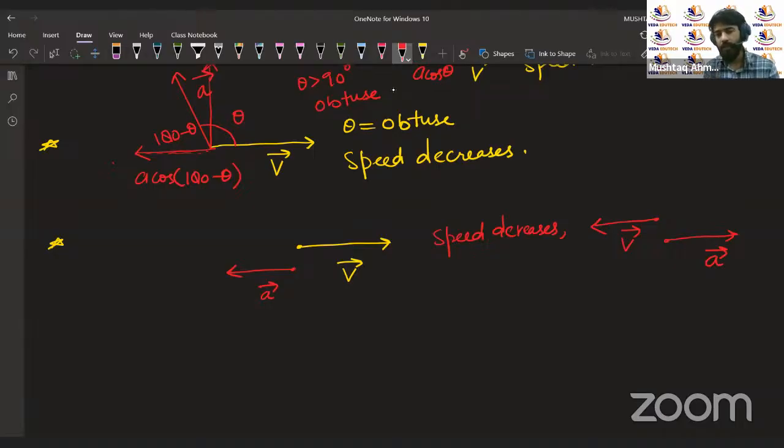In the second case, the acceleration makes an obtuse angle with the velocity vector, which means theta is greater than 90 and less than 180 degrees. Then there will always be a component of acceleration which is anti-parallel to the velocity vector, and that component is going to decrease the speed of the particle, right? So in this case also, the speed decreases.